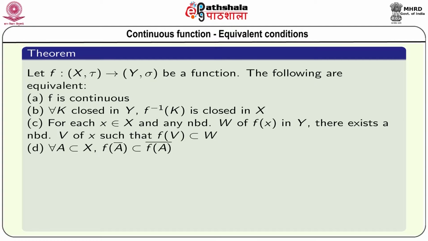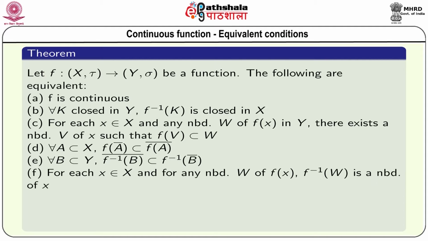C: For every A subset of X, f of closure A is contained in closure of f(A). D: It is equivalent to, for every B subset of Y, the closure of f inverse B is contained in f inverse of closure of B. E: It is again equivalent to, for each x of X and for any neighborhood W of f(x), f inverse W is a neighborhood of x.